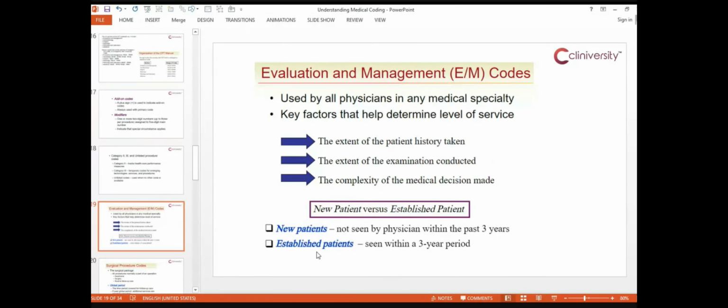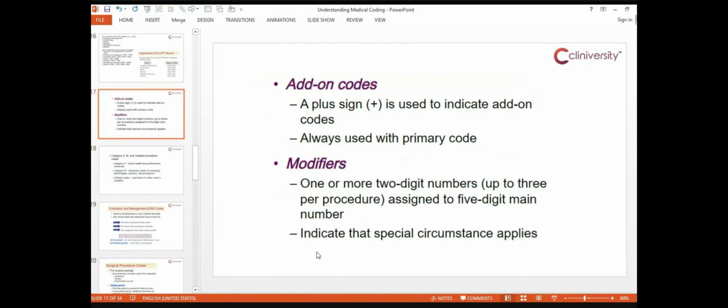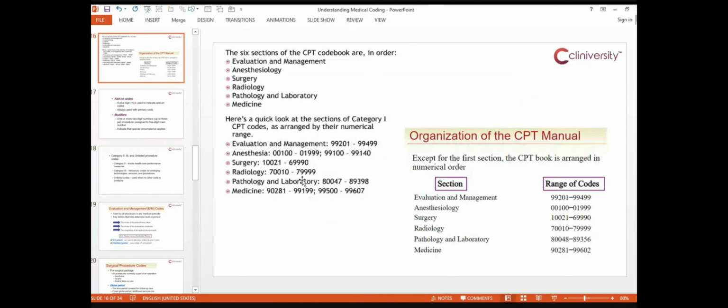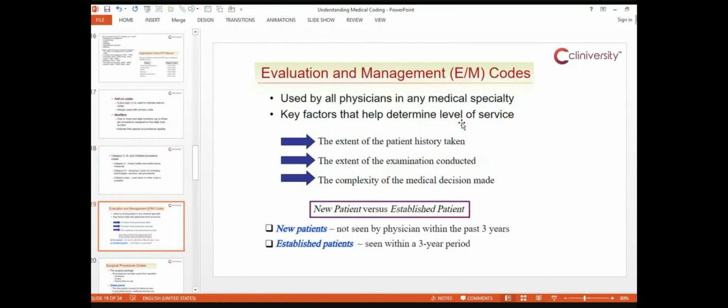Now, as I told you, the first section under category 1 is evaluation and management. So these E&M codes are used for all physicians in any medical specialty. I mean, we have providers belonging to different specialties, right? So these E&M codes from CPT under category 1 are used for all physicians, irrespective of which specialty they belong to.